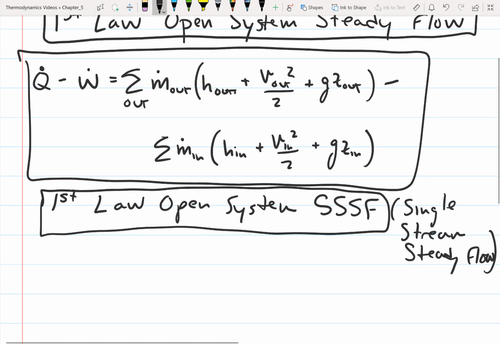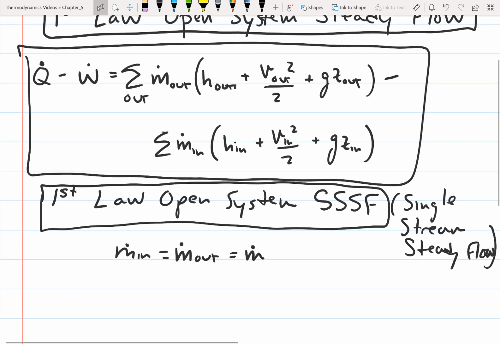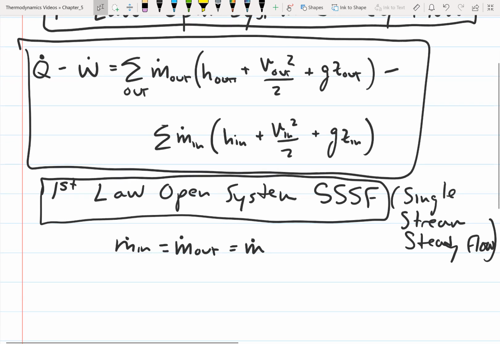If it's single stream and steady flow, that means that the mass in is equal to the mass out. So we can just say that this is the mass flow rate, and we can combine our terms from the top equation. If m dot out and m dot in are the same, we can combine them. So that's what we're going to do in the second equation.